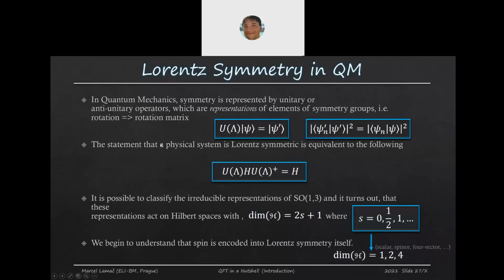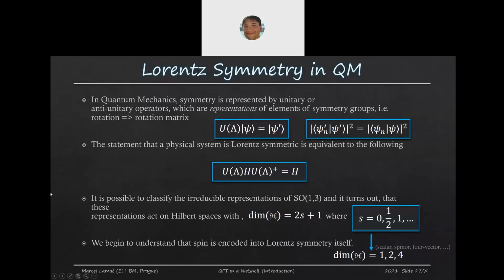And the statement that the physical system is Lorentz symmetric is then equivalent to the following relation: the Hamiltonian is something like a matrix, so we do a matrix transformation with respect to the representations of, for example, the Lorentz transformations, and it should be the same as the old Hamiltonian. So this is the statement in quantum mechanics when a system is symmetric.